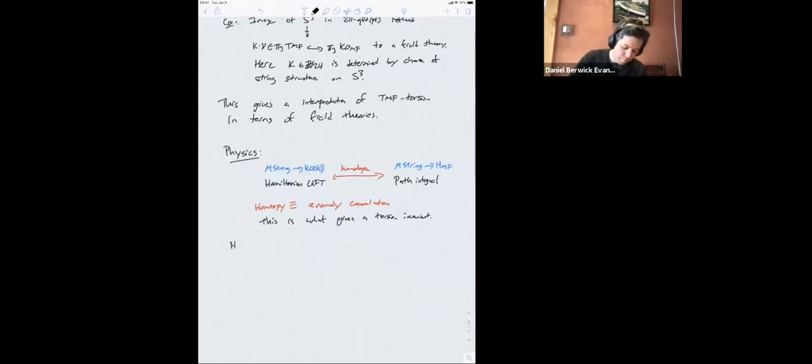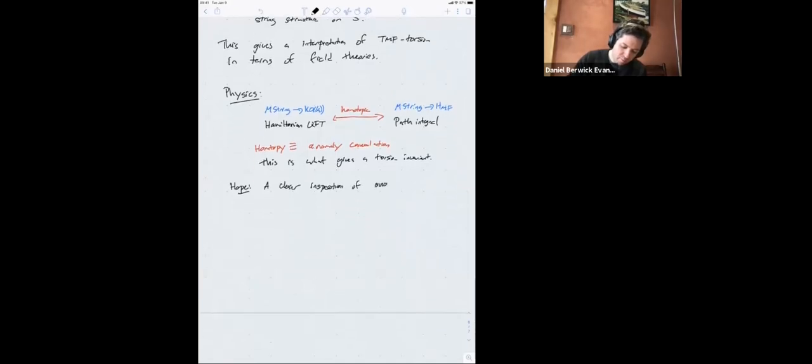So the hope is that a closer inspection of anomaly cancellation will find all the torsion in TMF.